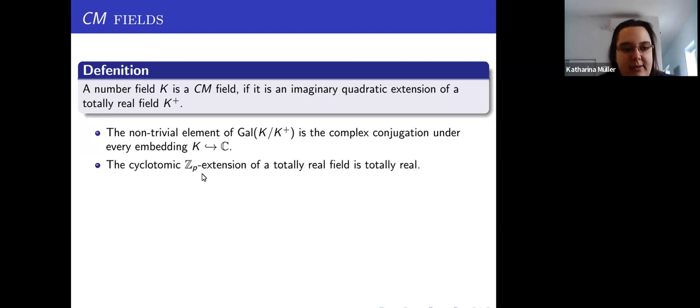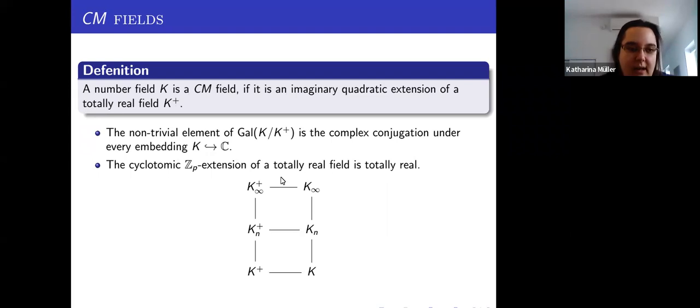And the cyclotomic Z_p-extension of a totally real field is again totally real. So we have the following diagram of fields. I take my CM field K, I take the totally real subfield, and now all the horizontal lines are Galois, and the Galois group is generated by complex conjugation. Again, I have these unique subfields of degree p^n over K plus and K respectively.